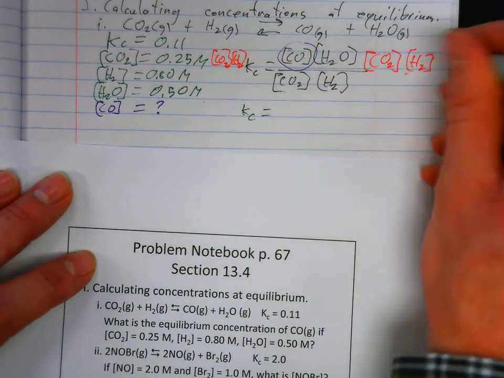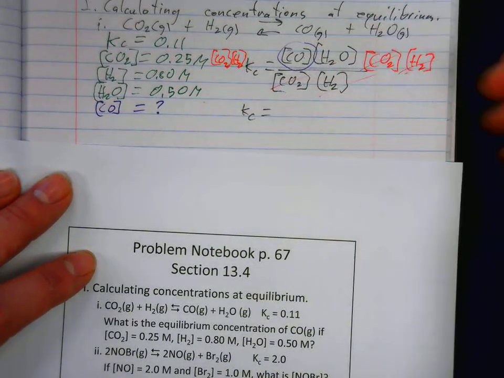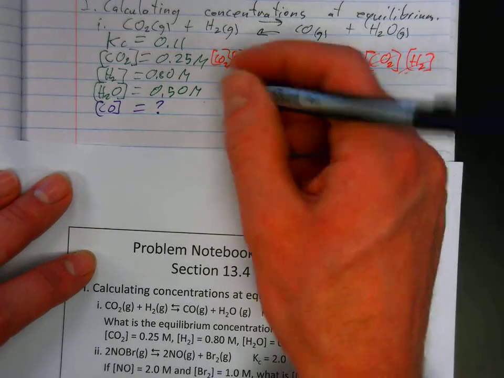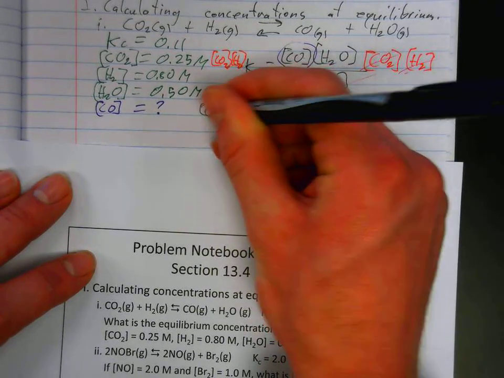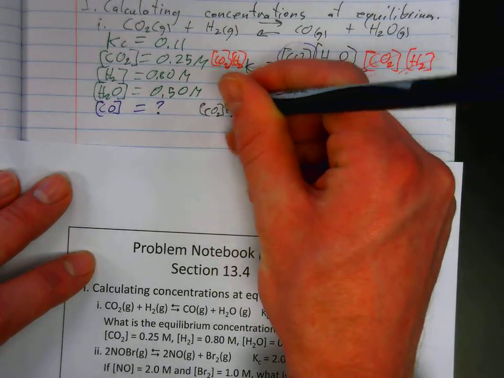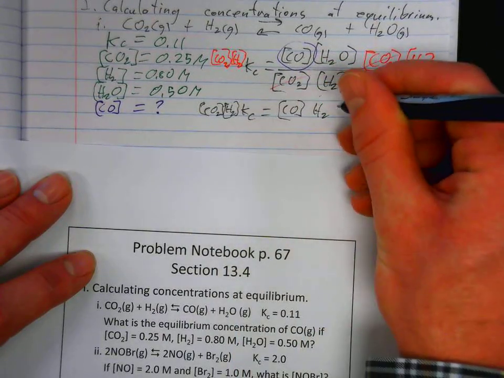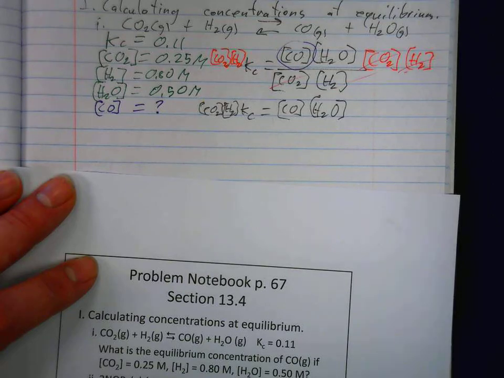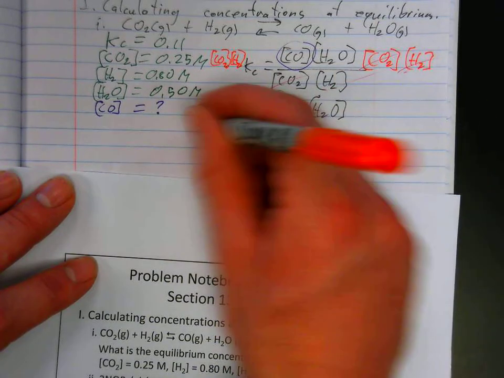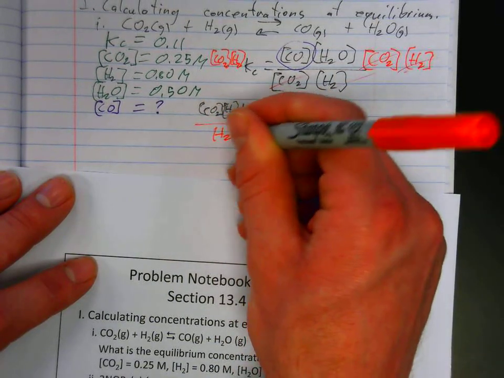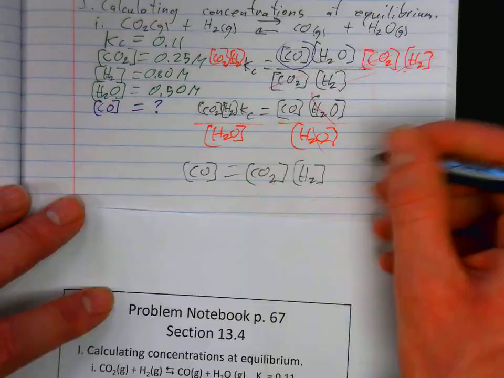We get this expression then: CO2 times H2 concentration times Kc is CO concentration times H2O. And divide both sides by H2O.